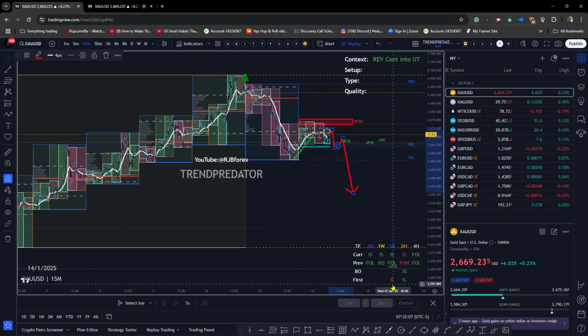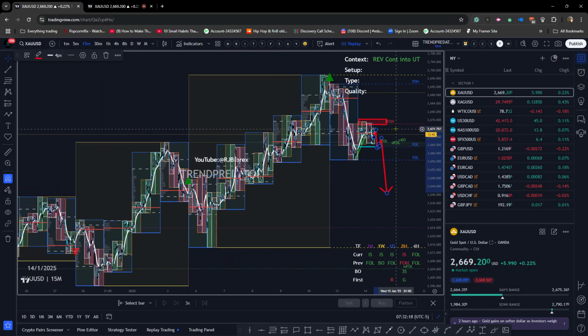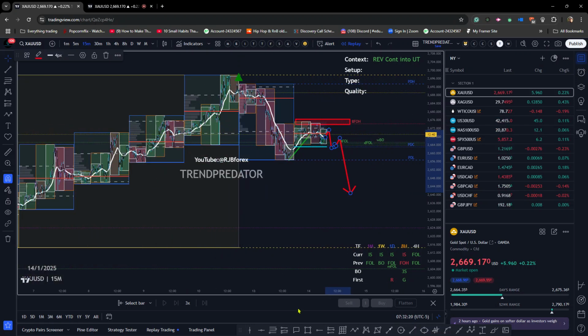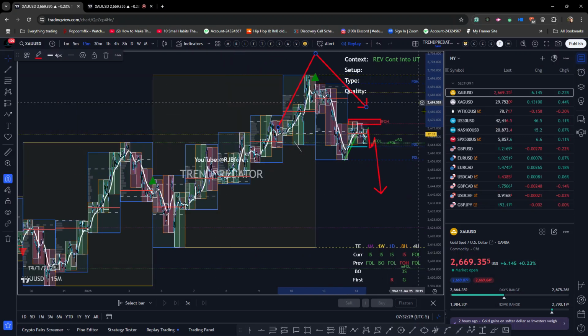Because of the first red day, I'm looking for that continuation. So we've pumped up. I'm looking for this to be resistance. I'm looking to get back below Friday's low, below the previous week's high, and then in line with what could be the foreseeable future's highs and a continuation to the downside.